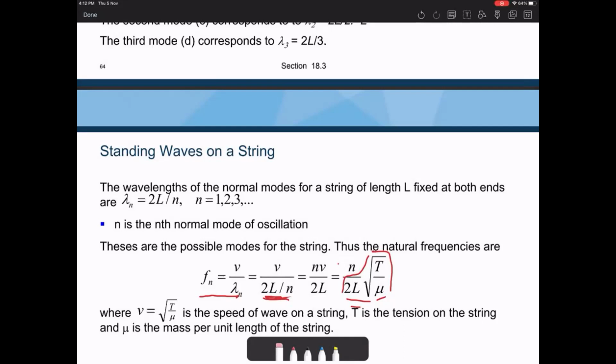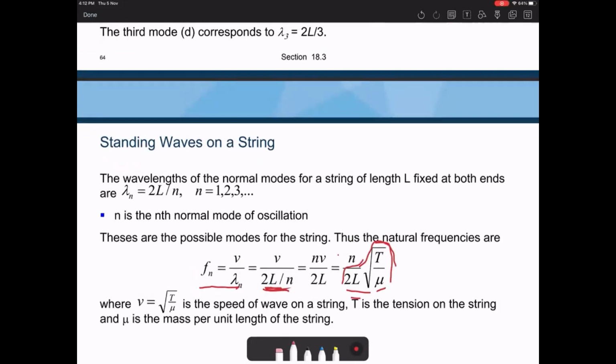So you could see that the frequencies for the standing waves are multiples of this term, square root T over mu over 2L. So that is how we could observe standing waves of different frequencies in the string.